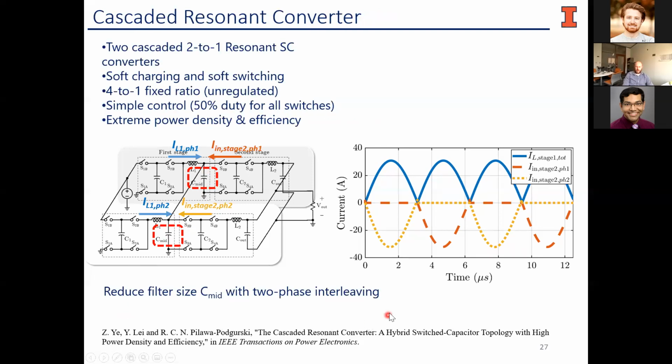So overall, this allows us to reduce the filter size of the capacitor, and it also allows us to have this current sharing, where half our current is going through this phase and half through this phase. That allows us to share that current among multiple switches, which in general also provides an opportunity to reduce the ratings of these components as well.